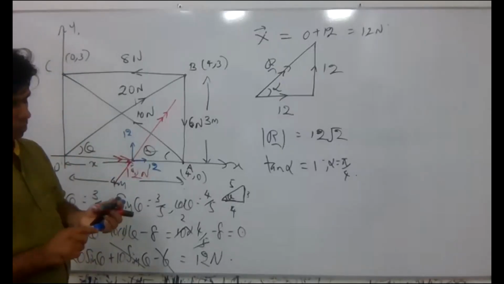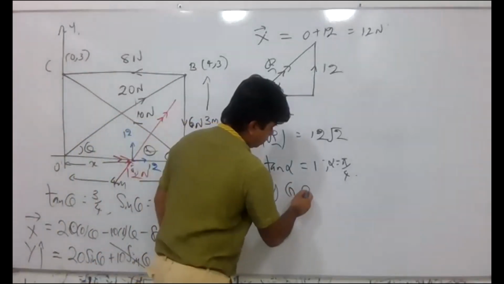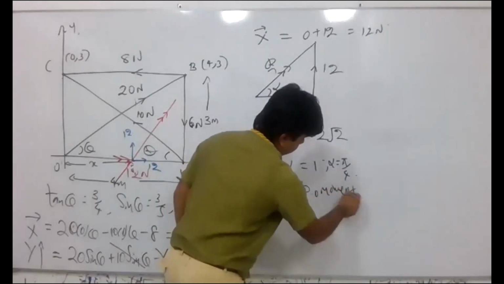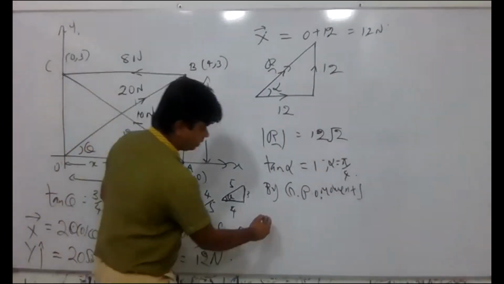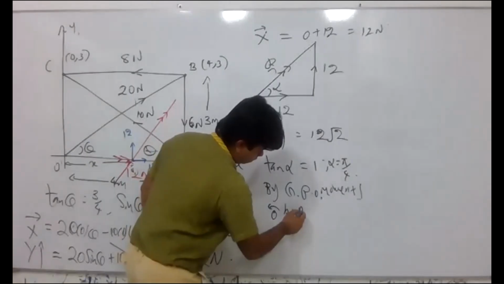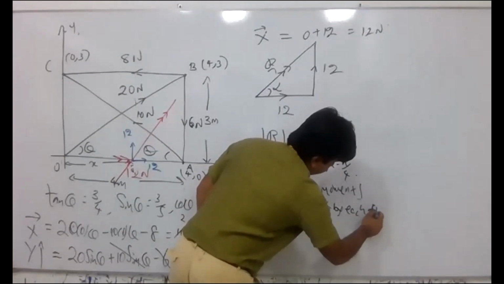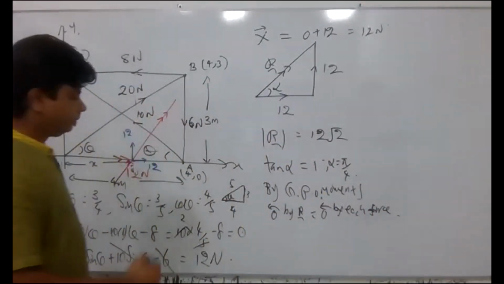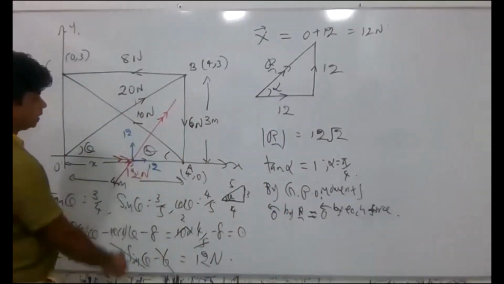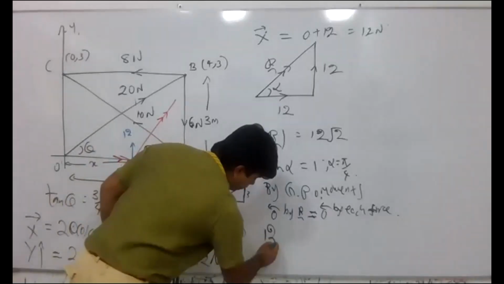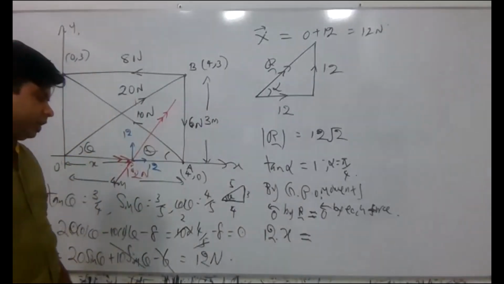Then by the general principle of moments, moment about O by R equals moment about O by each force. I have mentioned the direction also. Then moment about O by R means R's vertical component 12 into X.